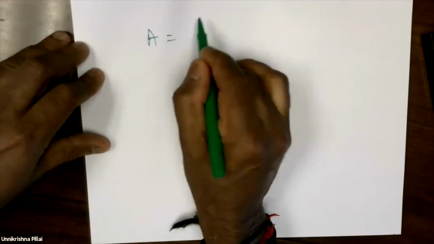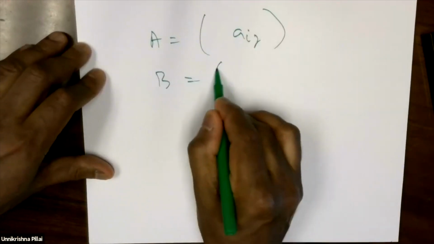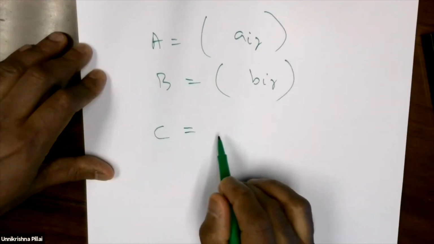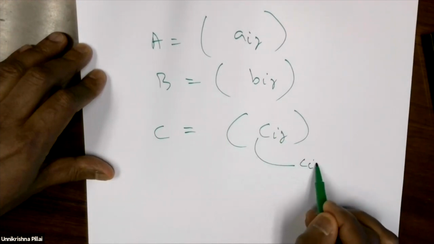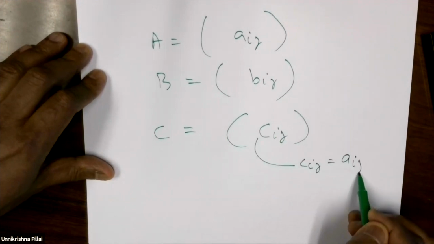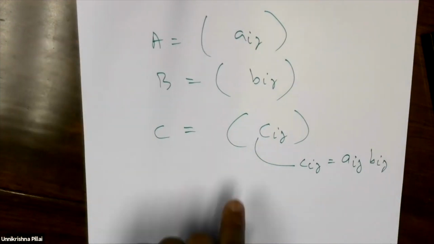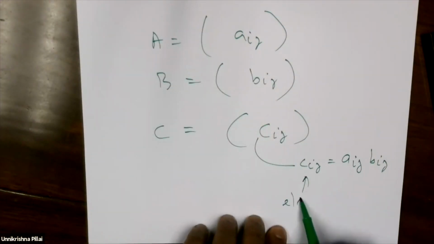In other words, if A is a matrix with entries Aij and B is a matrix with entries Bij, I'm going to create a new matrix C, where Cij equals Aij multiplied by Bij. This is not the way you multiply matrices. This is the way children will multiply if you give them two matrices. This is called element-wise multiplication.